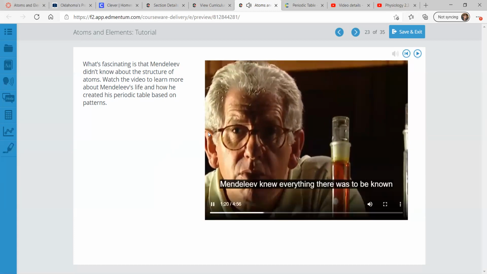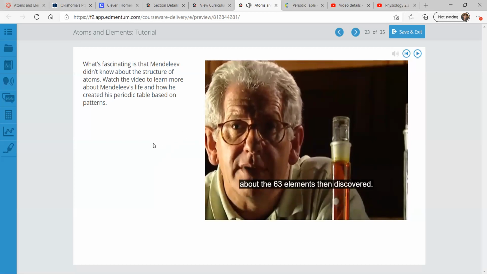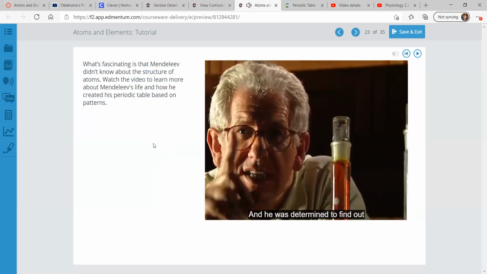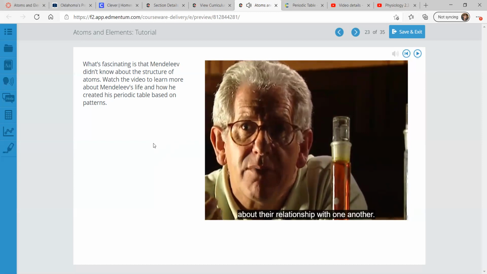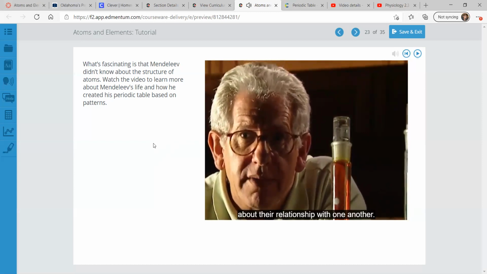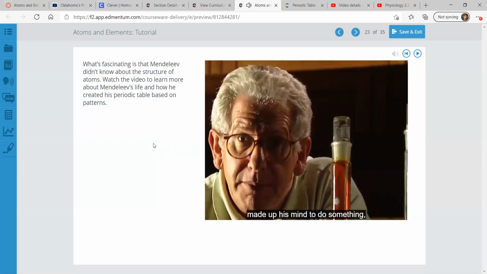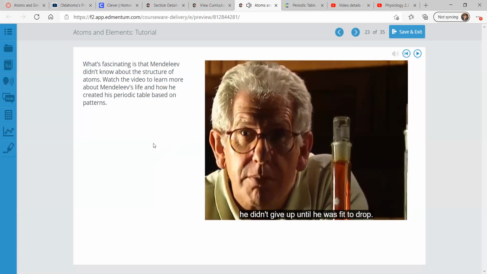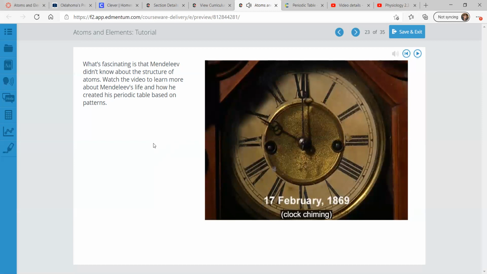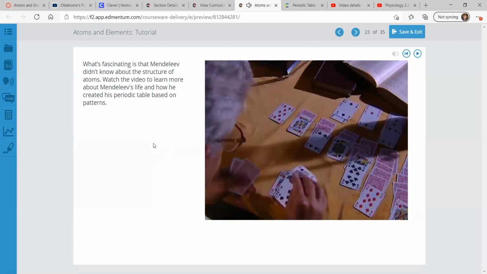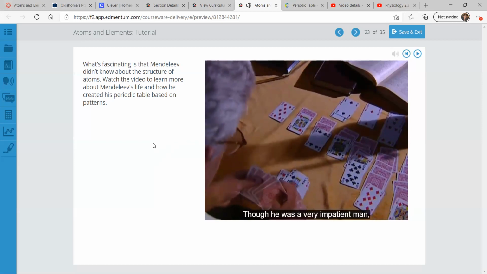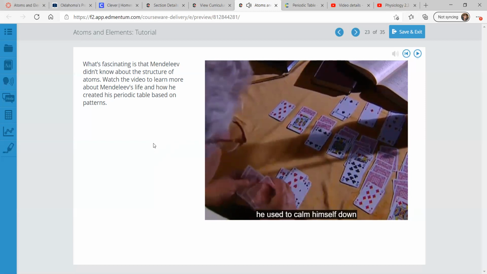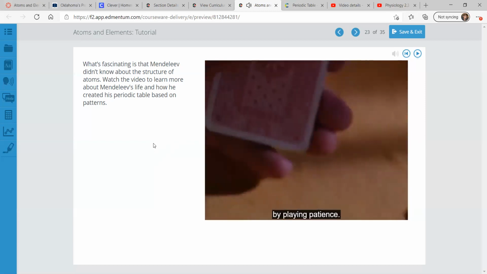Mendeleev knew everything there was to be known about the 63 elements then discovered, and he was determined to find out about their relationship with one another. And when Dmitri Mendeleev made up his mind to do something, he didn't give up until he was fit to drop. Though he was a very impatient man, he used to calm himself down by playing patience.